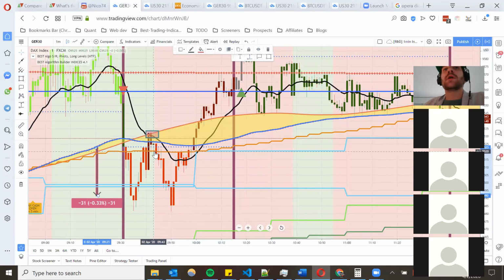Okay. Why will I not set my stop loss to break even here? Because from this short movement we touch this orange support once, twice, 3 times.